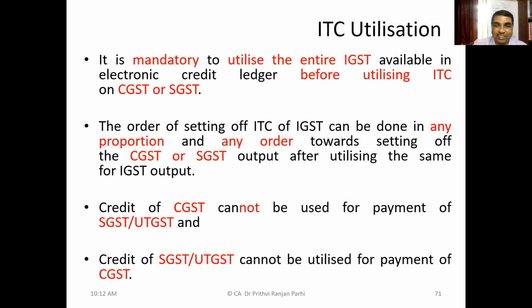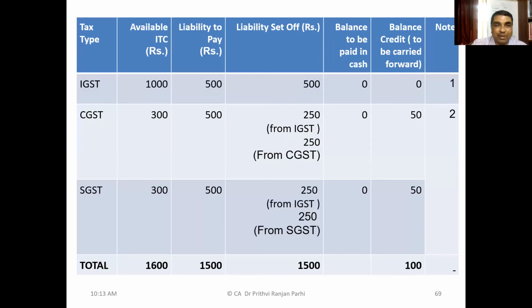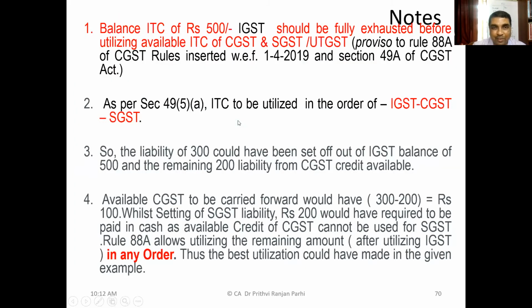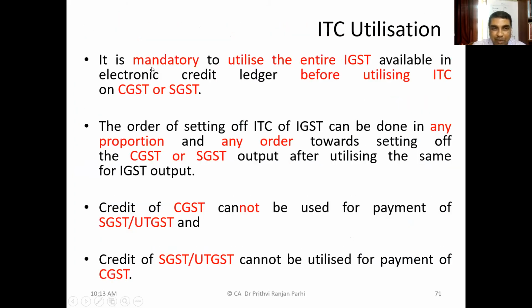That is why in this example, we first utilized IGST. Now remember this particular point: it is mandatory for you to utilize the entire IGST available in the electronic credit ledger before utilizing input tax credit of CGST and SGST.